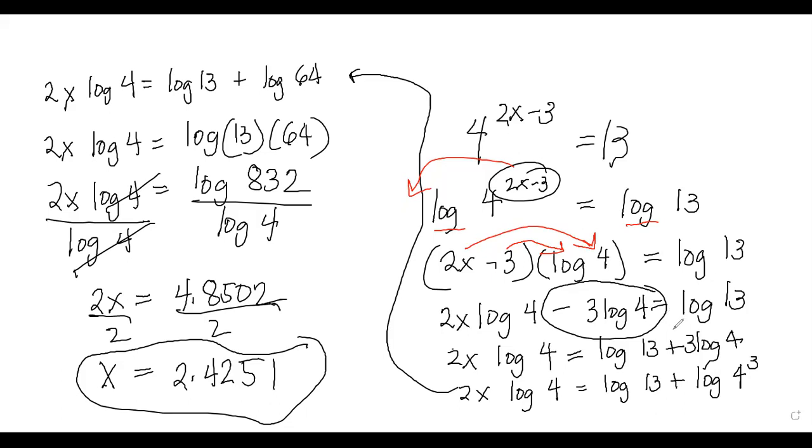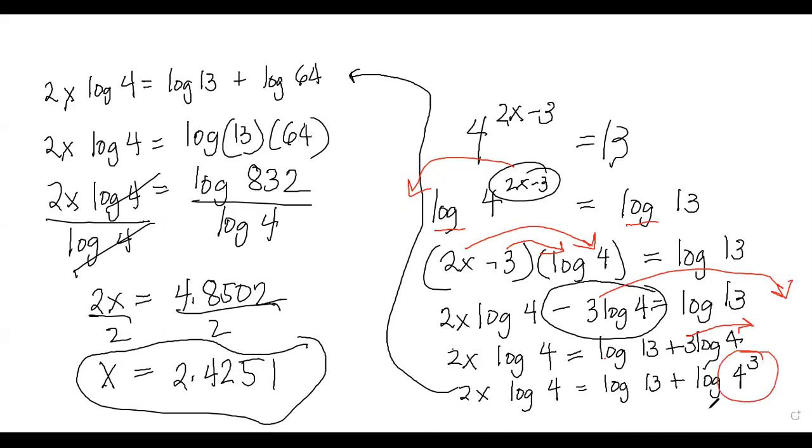Magiging positive, di ba? So, 2x log 4 equals log 13 plus 3 log 4. Ngayon, si 3 iaangat ko para pwede natin pagsamahin itong dalawang log. So we have 2x log 4 equals log 13 plus log 4 raised to 3.